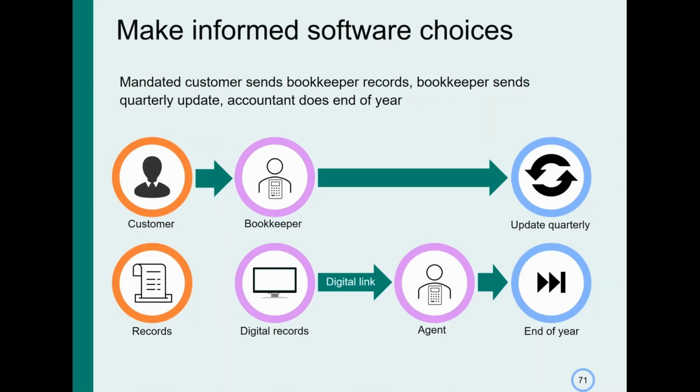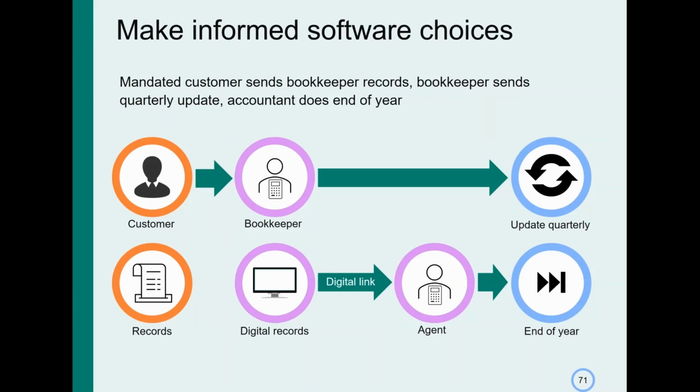The mandated customer has engaged the services of an agent to make any adjustment to income and expenses, send information on other income sources, and submit the tax return. The bookkeeper would need to transfer the digital records that were used for the quarterly updates so that the agent has the information for their end-of-year actions.